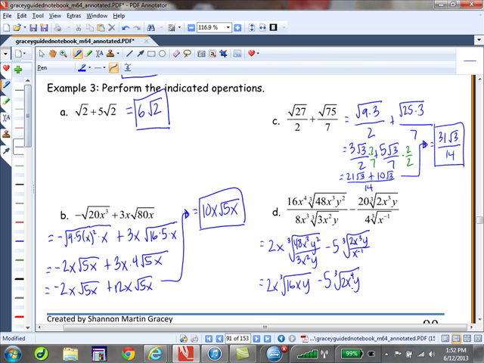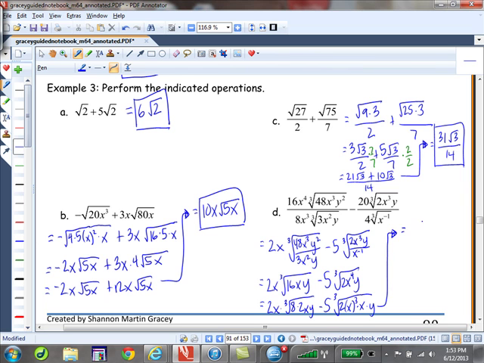So now we will have 2x times the cube root of 8 times 2 times x times y minus 5 times the cube root of 2 x cubed times x times y. So we're almost there.